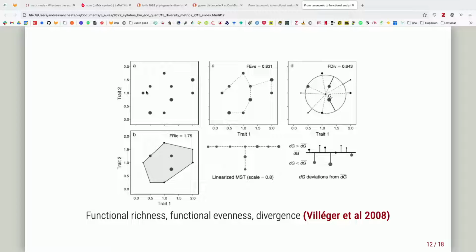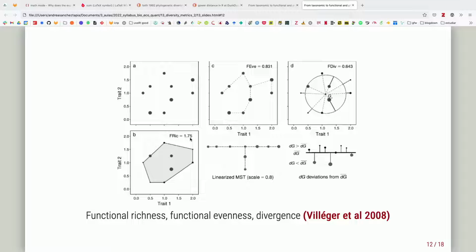The trait is at the species level. It does not take into account intraspecific variation. And what we call functional richness is the whole area created by a convex hull in this n-dimensional space. So for example, in this example dataset, the functional richness is 1.5.